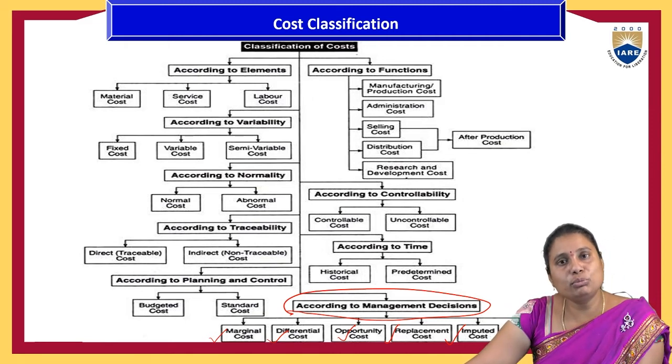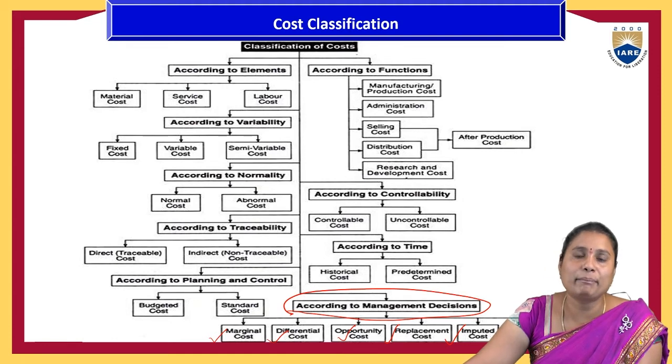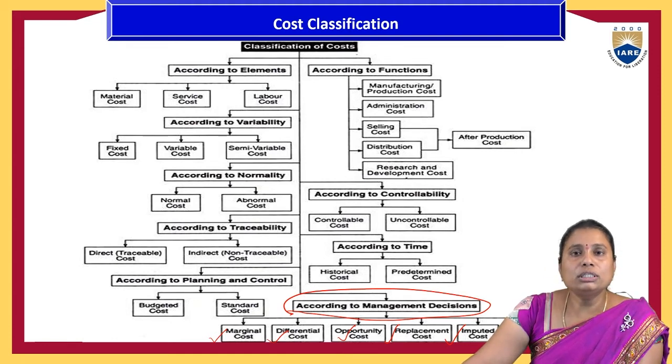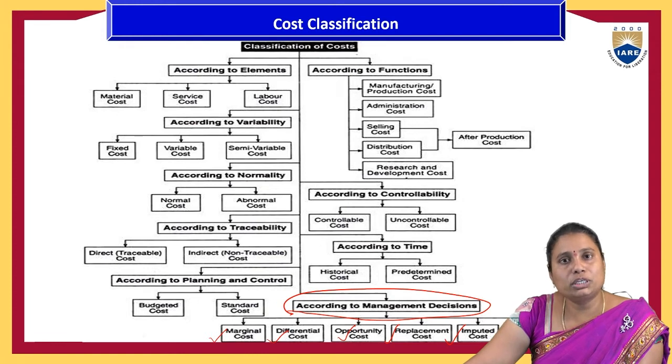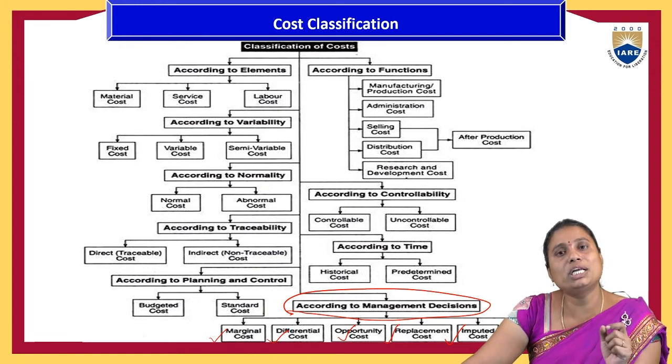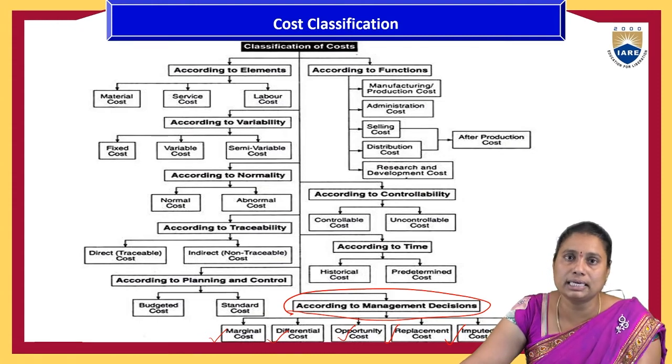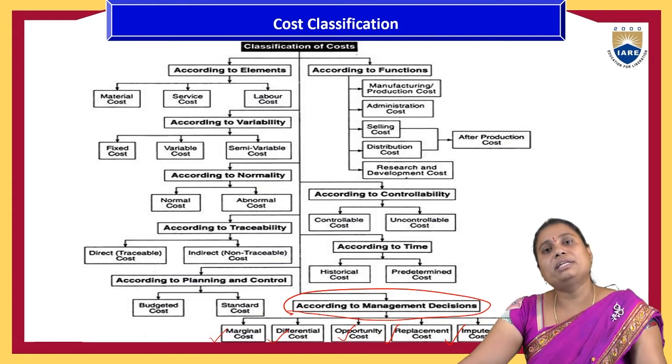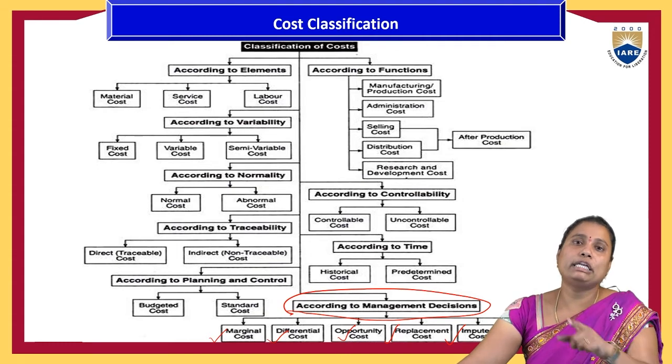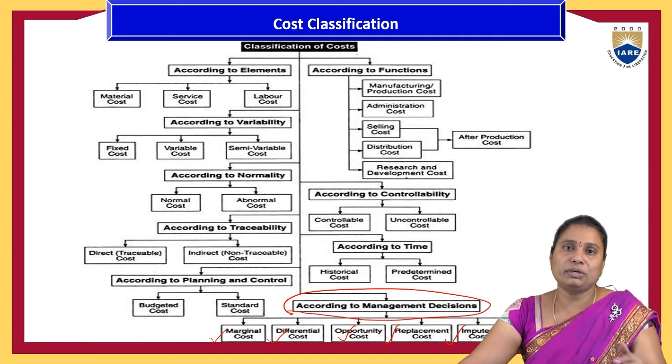So the difference between two consecutive expenditures is called marginal cost, so that the manager will take the best decision. Previously they spent 100 rupees, this time 80 rupees, which means marginally 20% savings in the expenditure. So the manager will decide to go with the 80 rupees of production expenditure.